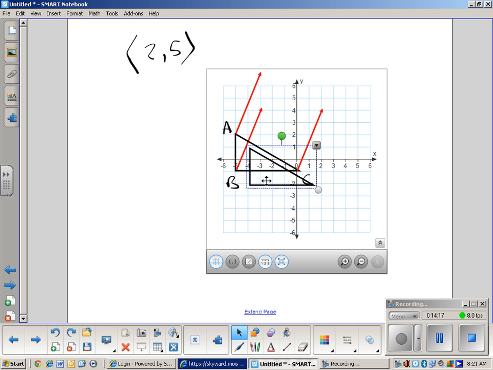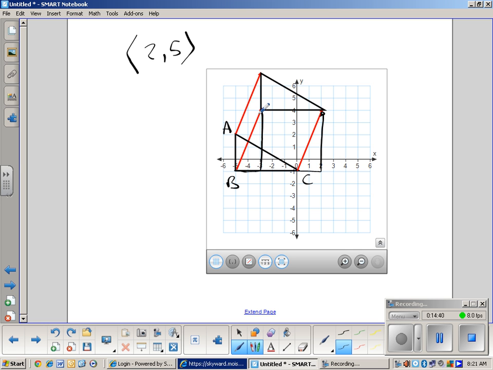So that puts my triangle up here, and every one of these points, C was moved 2 to the right, 5 up. B was moved 2 to the right, 5 up. A was moved 2 to the right, 5 up.